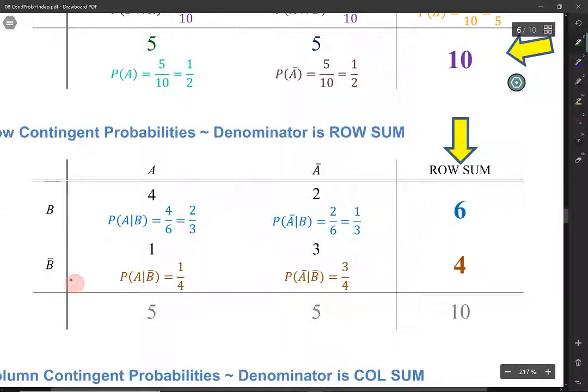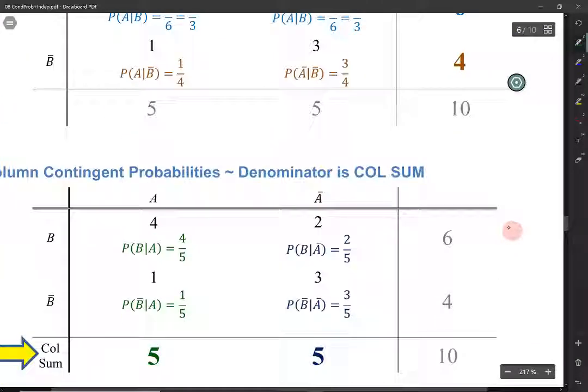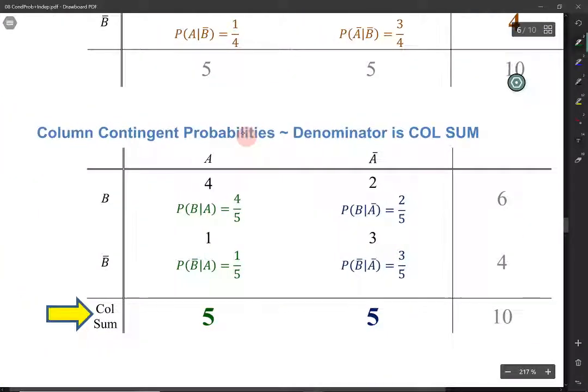Or sometimes, what if this was ruled out, and then you have this one, and in that case you use the row sum as the denominator. Okay, and so I'm trying to gray this out here so that it's not important. Here, sometimes you use the column sum, and so here this is grayed out, right?